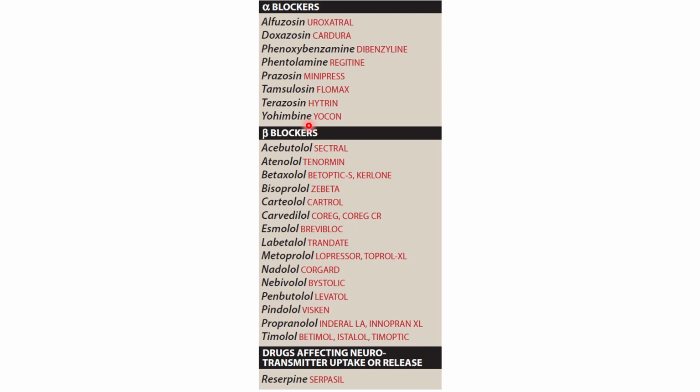It also has a central nervous system action and increases sympathetic activity, and that is why it is contraindicated for patients with heart disease and psychiatric diseases.